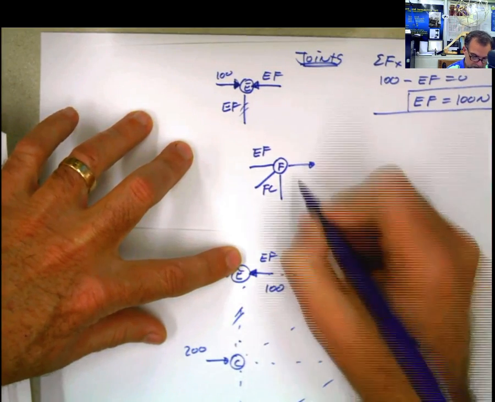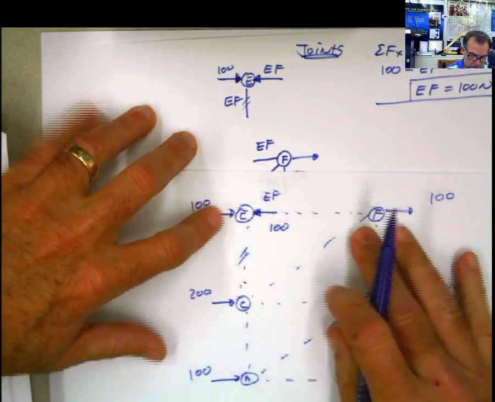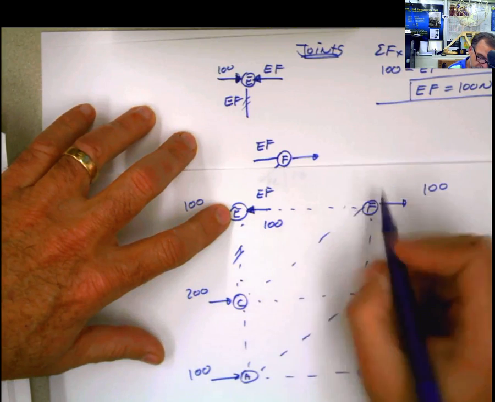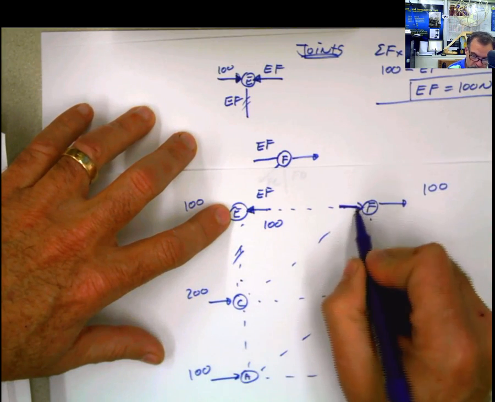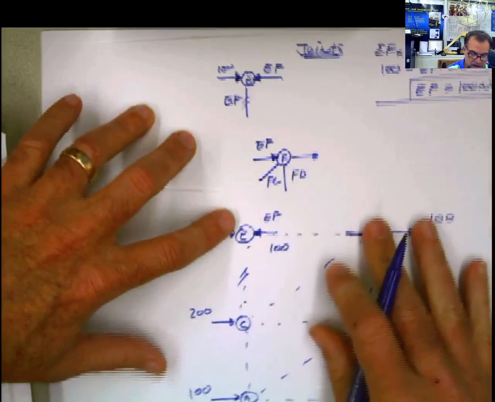Now, if you look at this drawing here, you can see that if the force EF is entering at this joint, it's going to be entering also here. That means that my force EF is going to be like that.